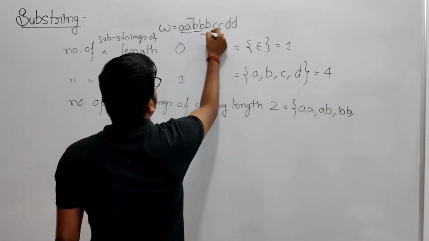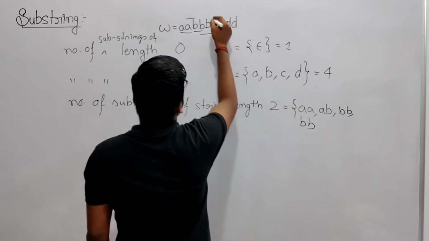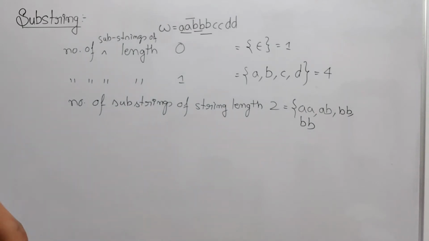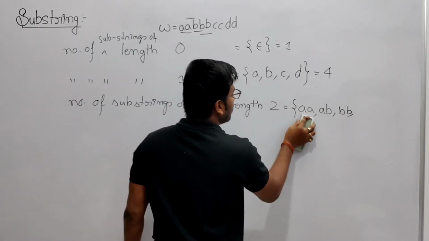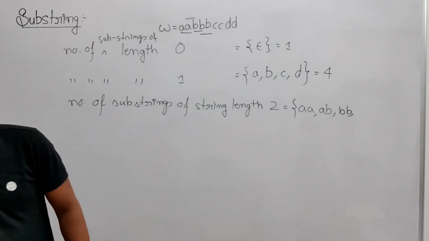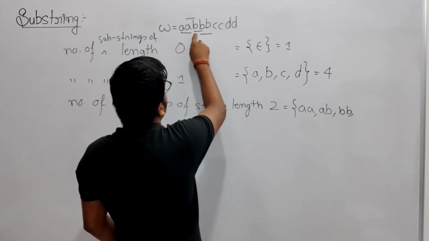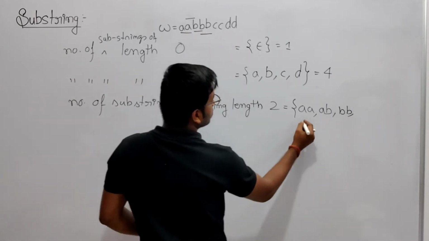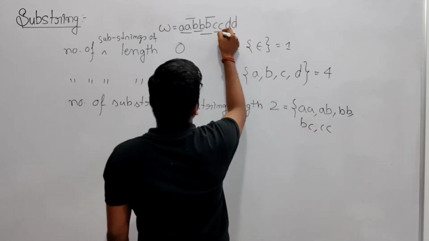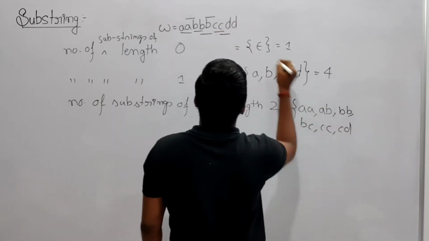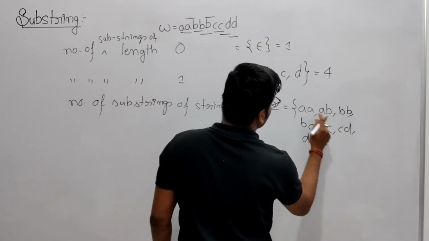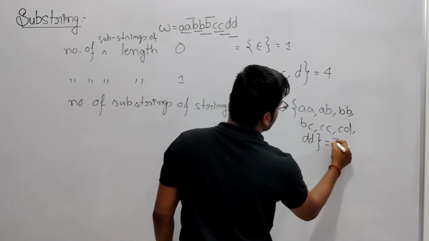Double B I have written twice, so I am not going to write double B twice. So AA, then AB, then BB, then BC, then CC, then CD, then DD. So how many substrings are you going to get here? 1, 2, 3, 4, 5, 6, 7. 7 substrings you are getting here.